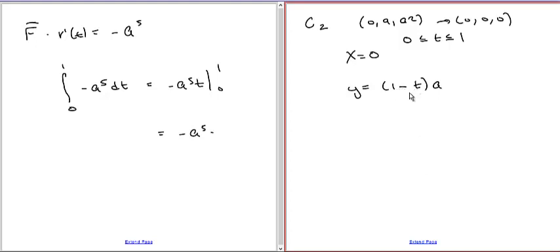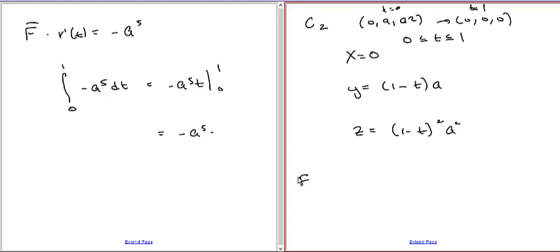So you can see when t equals 0, you get a. So this is t equals 0 right here. And t equals 1, you get 1 minus 1 times a. So that's 0. And the same kind of deal with this other one. You'll have 1 minus t squared times a squared. So when t equals 0, you get 1 squared times a squared, which is a squared. When t equals 1, you get 0.